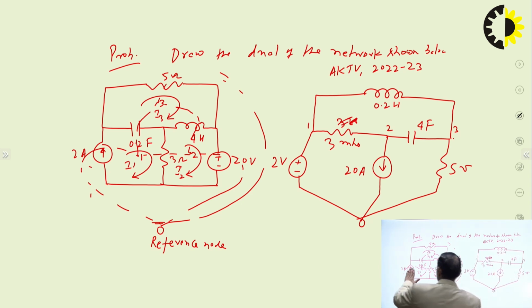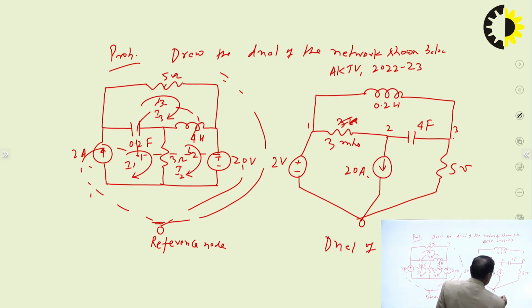How many elements are there: 1, 2, 3, 4, 5, 6. So this is the dual of the network.